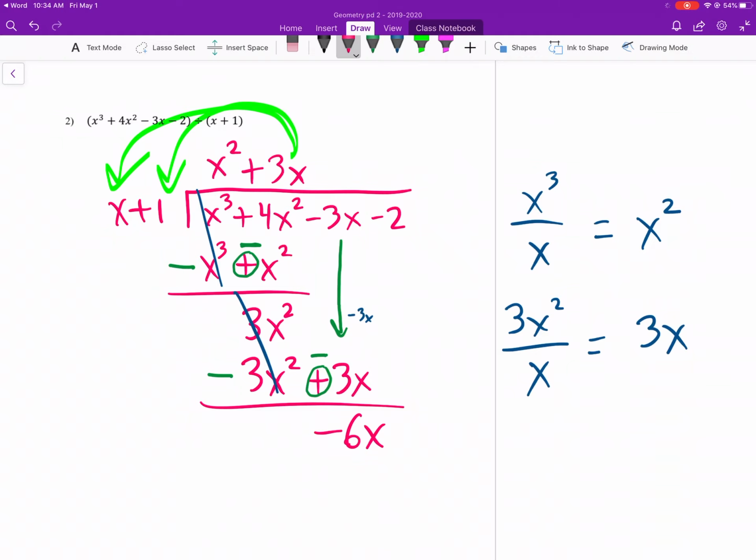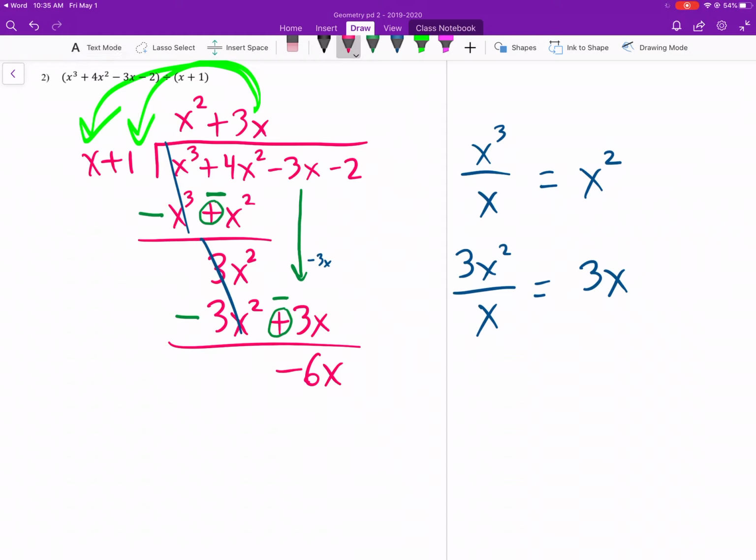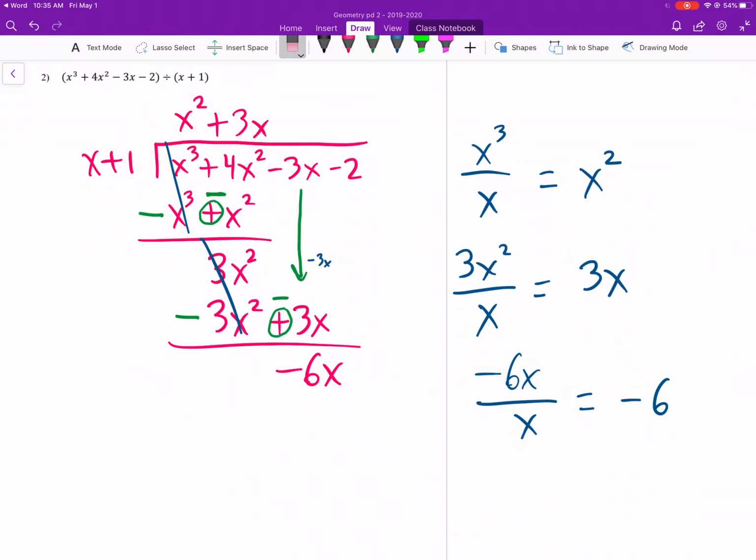So that was subtraction. All right? So now we have to divide, back to division. So what we just got, negative 6x, divide by that first term of x. That just gives us negative 6. After you divide, you throw that up top. This would be negative 6.